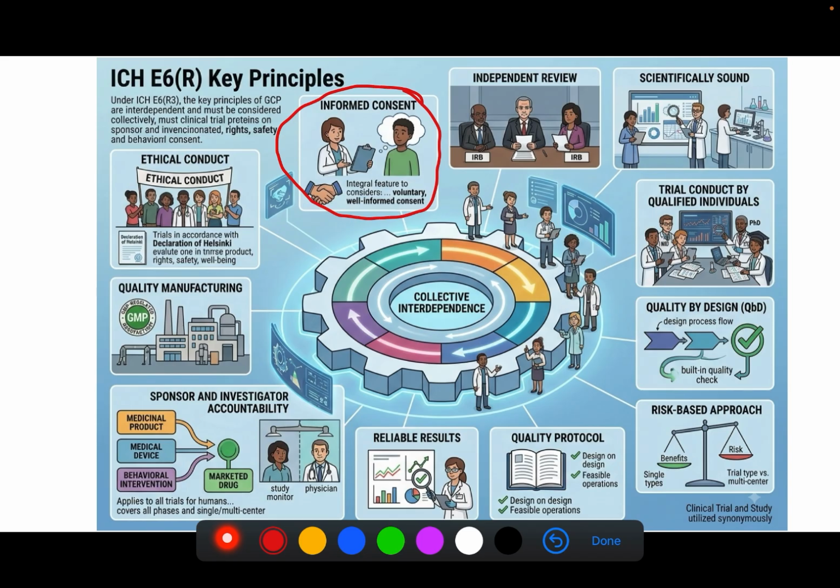Independent review boards confirm a trial is ethical before it starts, and the trial has to be scientifically sound, run by qualified individuals, and follow a quality protocol with built-in checks. And ultimately, it all serves one goal: reliable, trustworthy results.